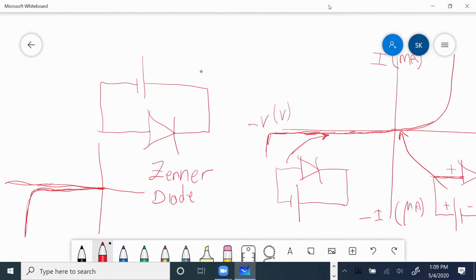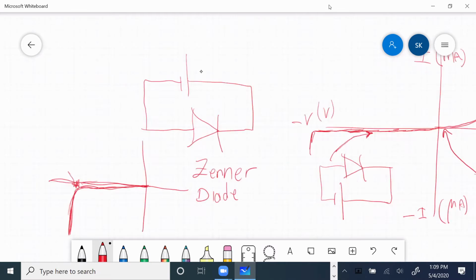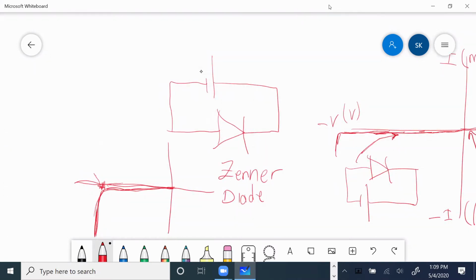By breaking, I mean that the current will flow at a specific voltage called knee voltage or breakdown voltage. So all Zener diodes have breakdown voltage, and it is written breakdown voltage.